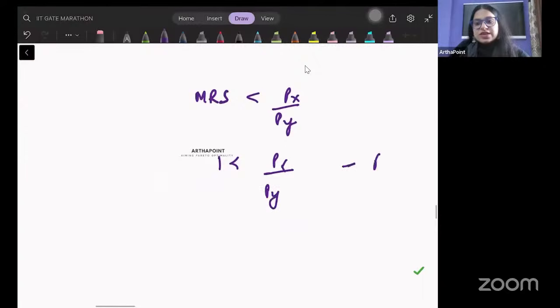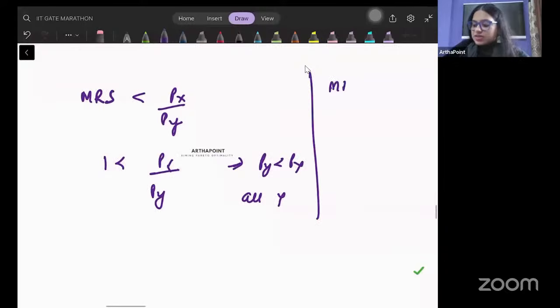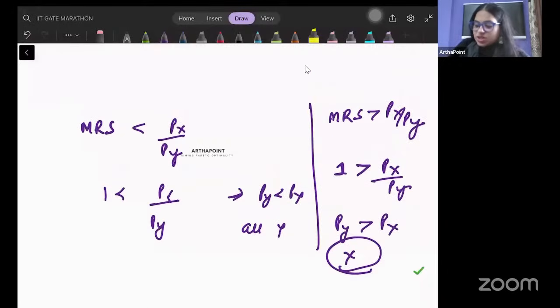You will always get PY less than PX, so you will consume all of Y. Whenever your MRS is greater than PX by PY, plug 1 here, 1 greater than PX by PY, PY greater than PX, so you will consume all of X. Then compare it with your case. So we found that when this is there, all of good Y, when this is there, all of good X.